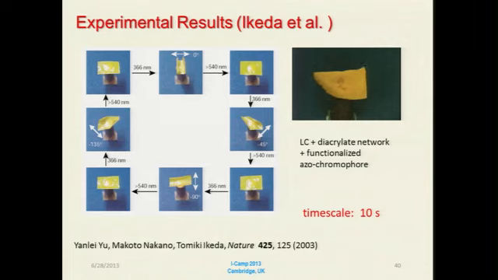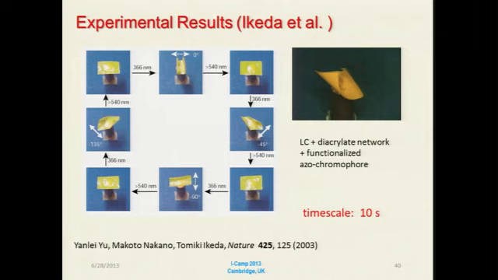We did some, this is Tomiki Ikeda and Yanlei Yu, who then made these beautiful networks. These are polydomain networks which curl up, and these are fascinating because they curl about an axis perpendicular to the polarization of light.